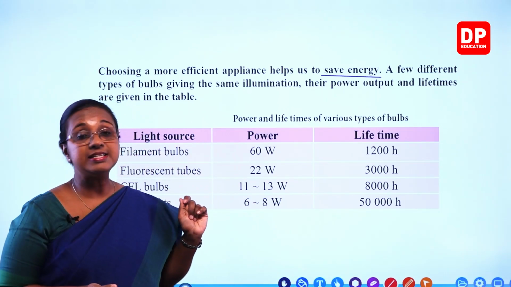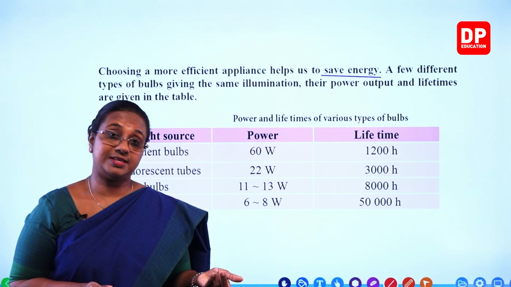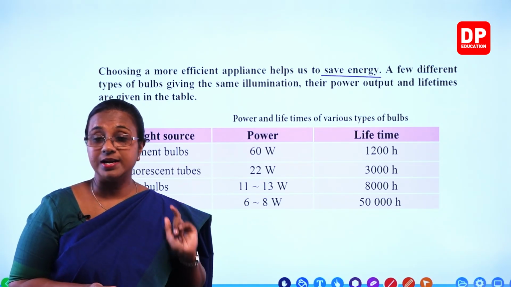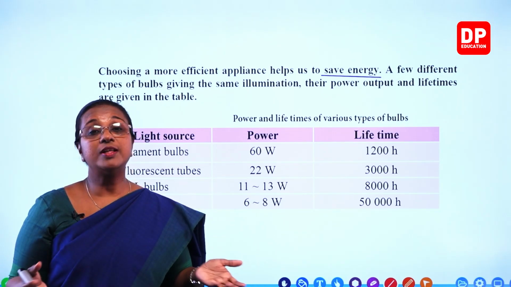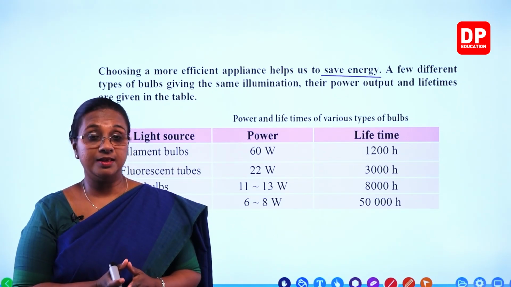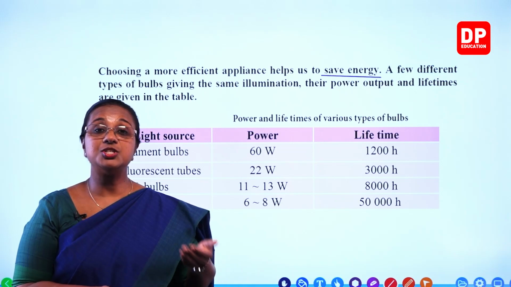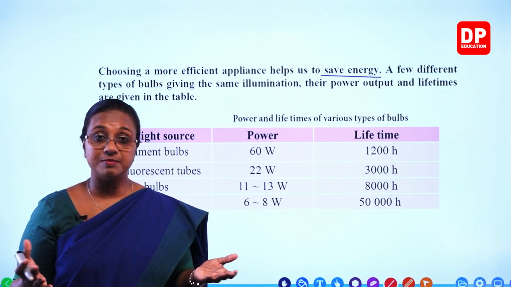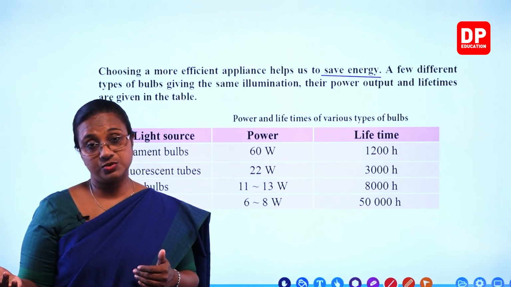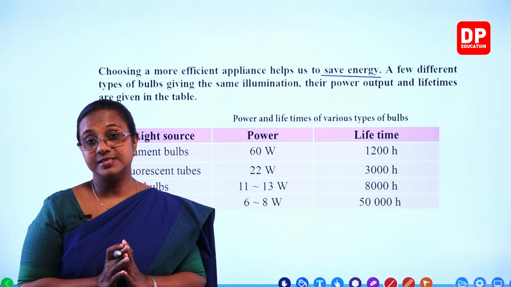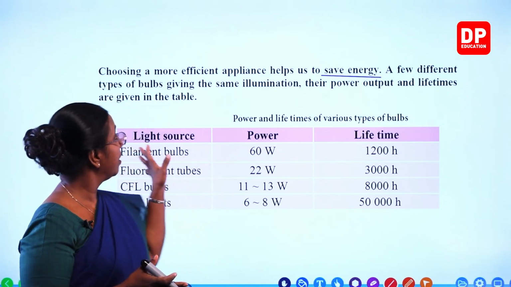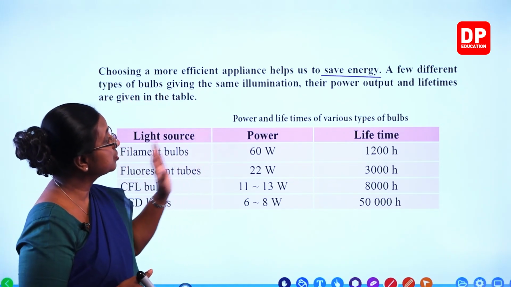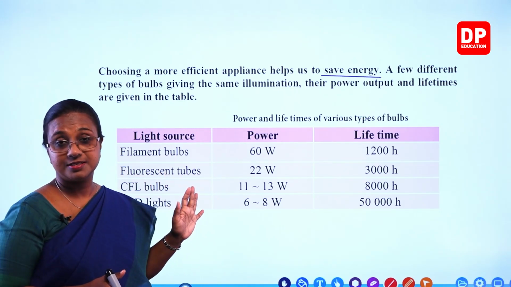So if you can save energy, if you don't waste electricity, you can save money. That is one thing. Then it is good for the environment as well. When you conserve energy or when you save energy, it is good for the environment and the natural resources. So for both reasons, it is advisable always to choose more efficient appliances so that you can save energy.